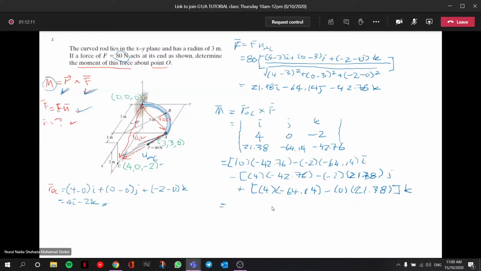Can anyone tell me the value of the m vector? Can you solve this for me?